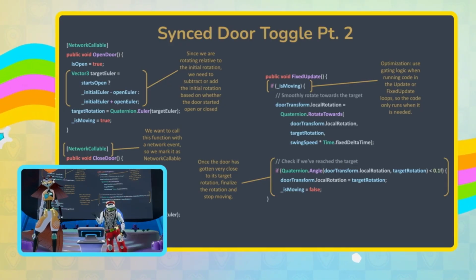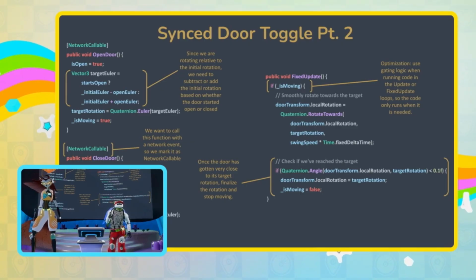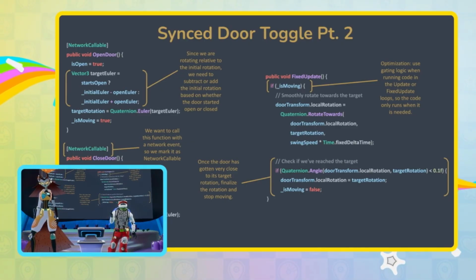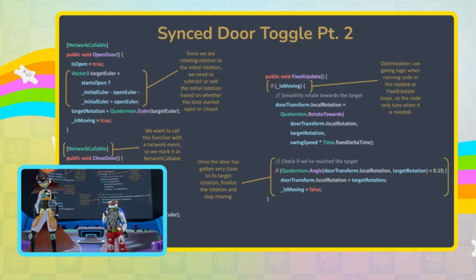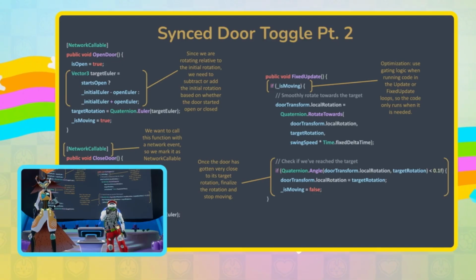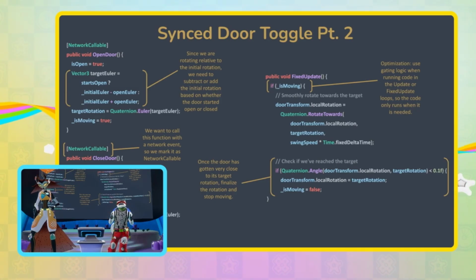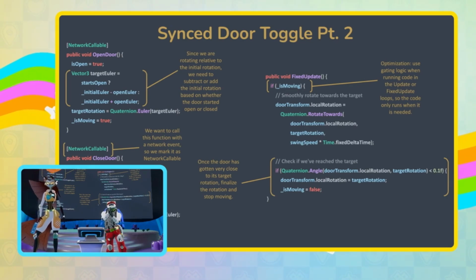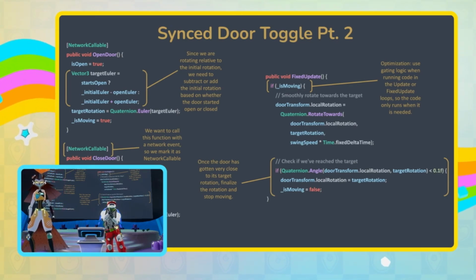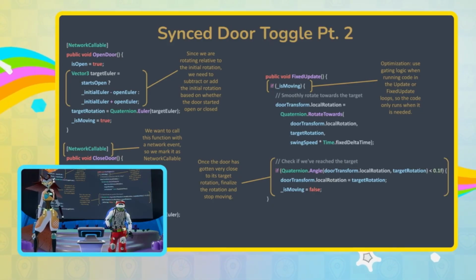Speed times time is distance. So we have an angle here, and we use fixed delta time since we're using the fixed update function. And fixed delta time is the time that's elapsed between the current update of fixed update and the last one.